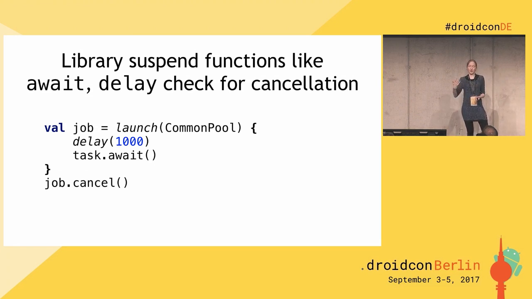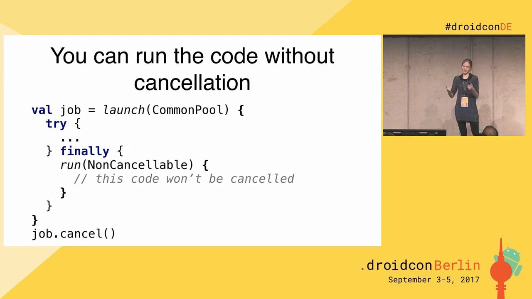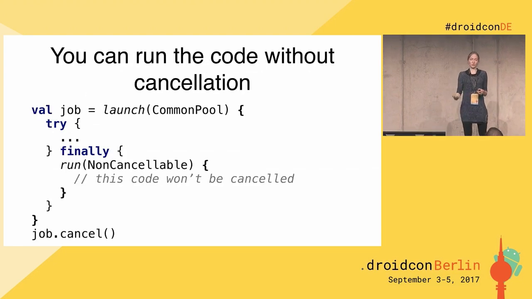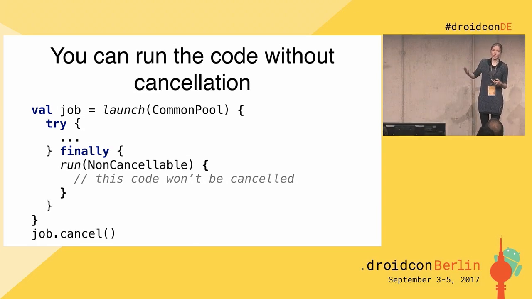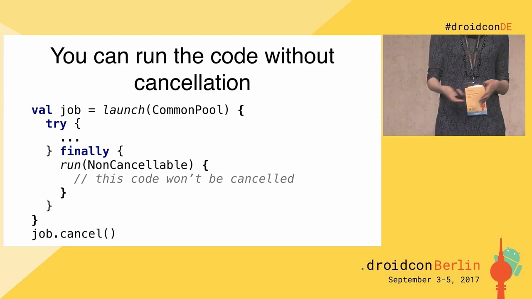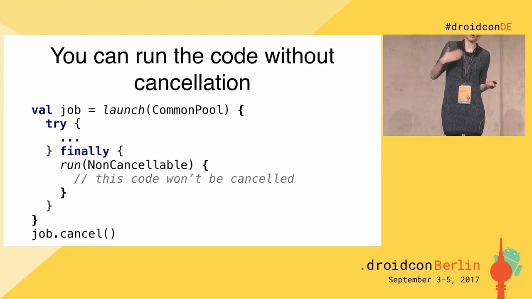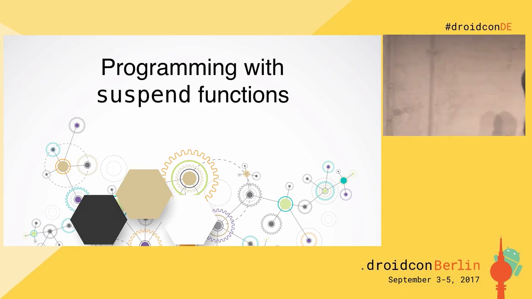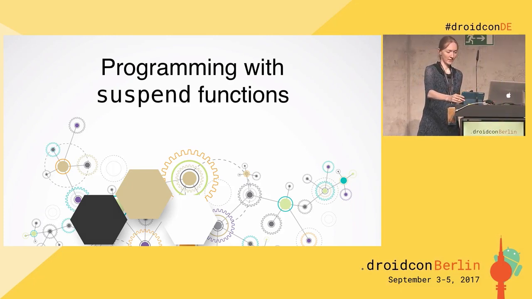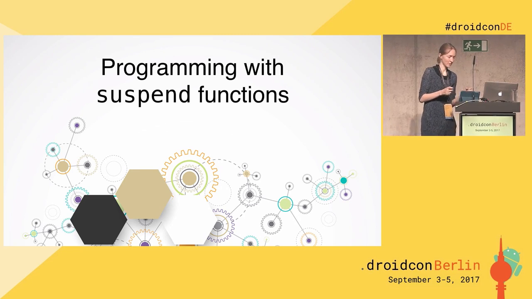So if you call await and your coroutine is cancelled, it will notice it. And you can also run part of the code, for instance in a try block, without cancellation. For try blocks, it's a regular case when you want it to be performed independently of whether the coroutine was cancelled.